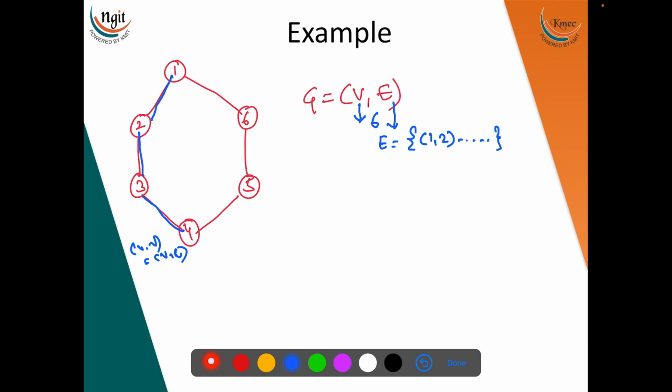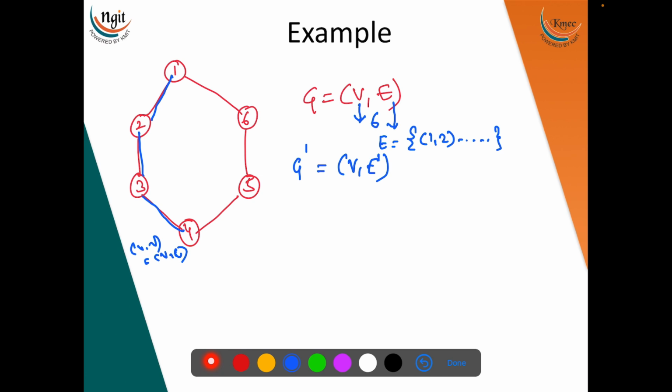Now our aim is what? To write different spanning trees for this graph. Now consider a spanning tree is a subgraph or subset. G dash is equal to V comma E dash.